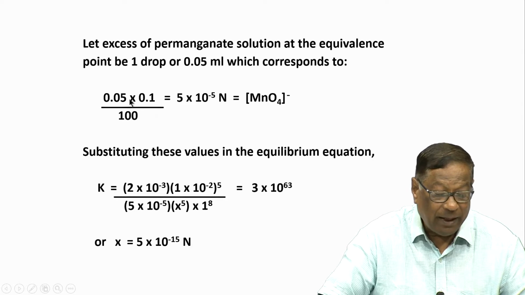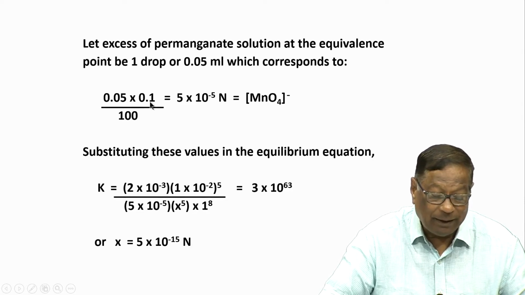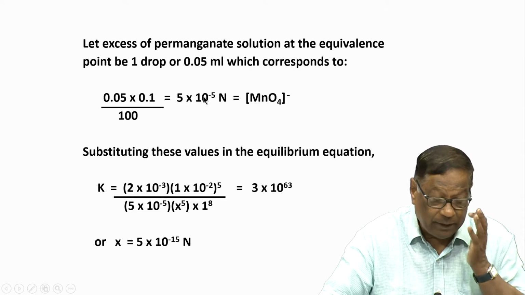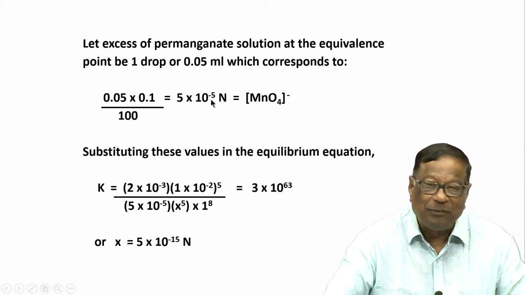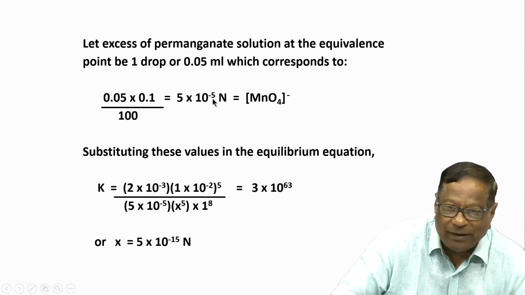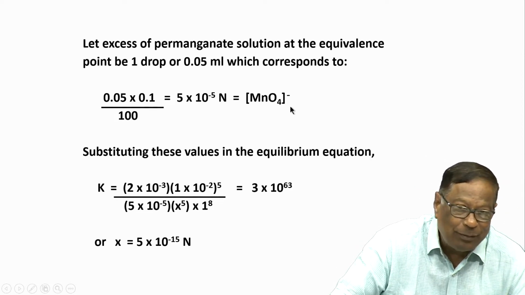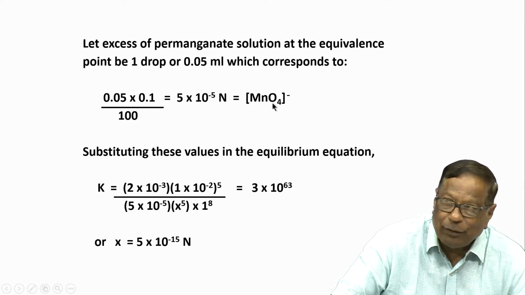So, I can write 0.05 ml and then 0.1 is the concentration, total volume is 100 ml, the concentration of ferrous would be 5 into 10 raised to minus 5 normal for that 1 drop excess, and that also should be equal to the permanganate ion, MnO4-.